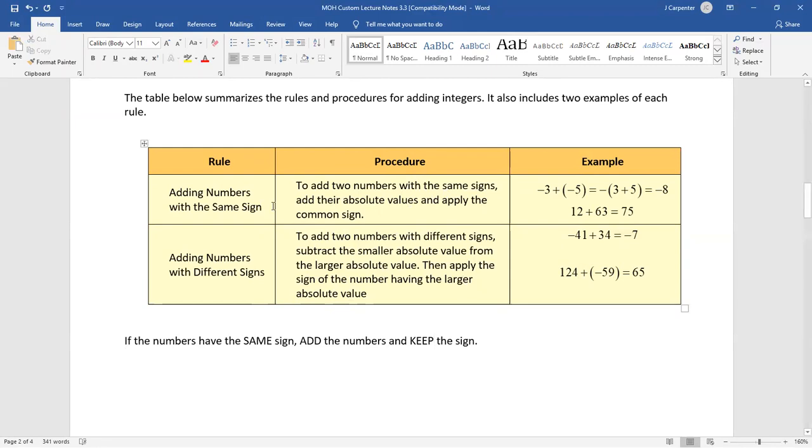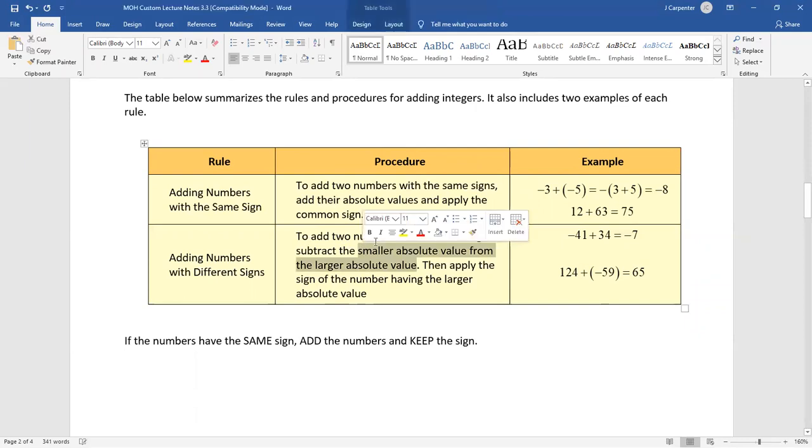The second version of this rule, adding numbers with different signs, says to add 2 numbers with different signs, subtract the smaller absolute value from the larger absolute value. What this really means is just think about the numbers without any signs up there and do the subtraction as you would have in the past, the larger minus the smaller, because we can't take a smaller number and subtract a larger without considering signs.